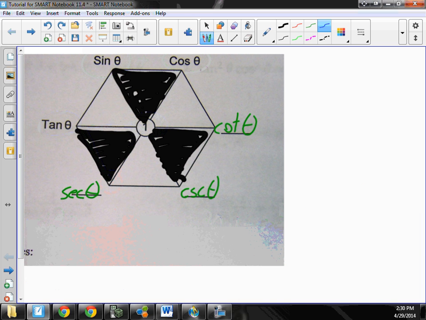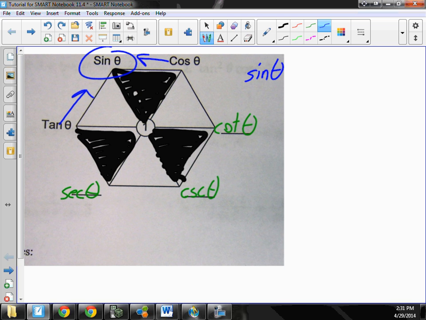The product identities say any vertex can be created using the product of the two adjacent vertices. So any vertex can be created using the product of the one to the left and the one to the right. For example, sine can be created using tangent times cosine.